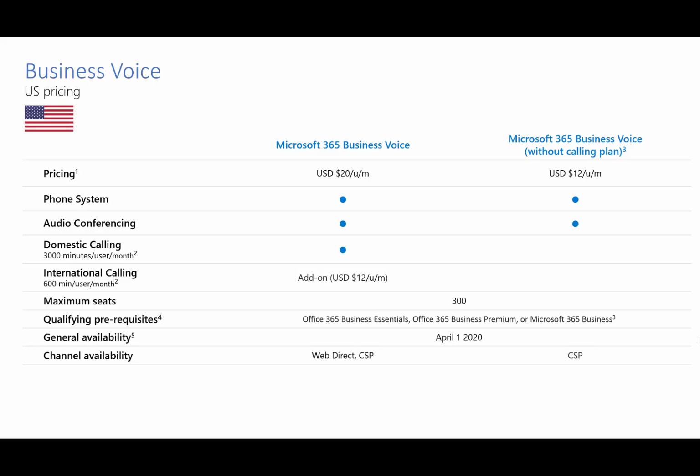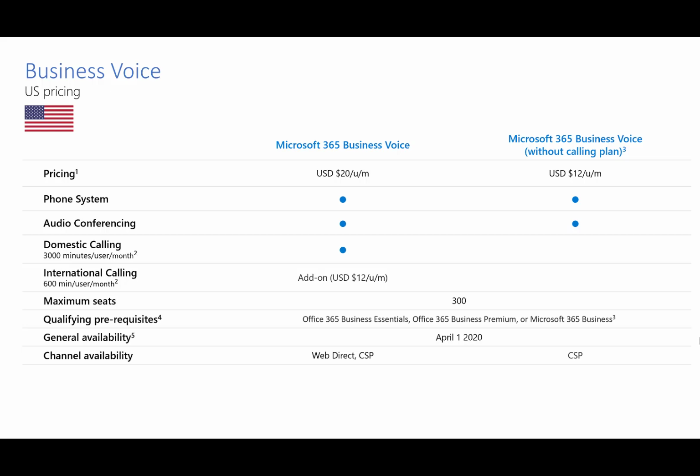So we shifted into this Business Voice model, and this is the US pricing and plan information here. It's $20 a user a month, and it comes with phone system, audio conferencing, and domestic calling with 3,000 minutes per user per month. If you wanted to add international, it's an additional $12 per user per month, and this is up to 300 seats.